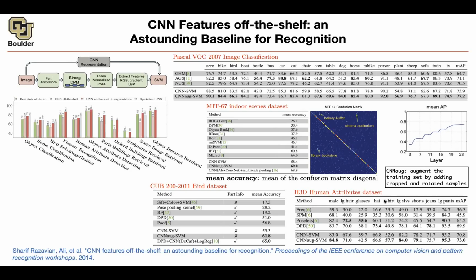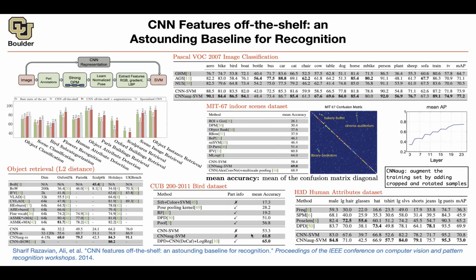Is this person wearing a t-shirt? Do they have long sleeves? Are they wearing shorts, jeans, long pants, etc.? And the last one is object retrieval. For object retrieval, you take two objects, push them through your neural network, take the features, and compare the L2 distance between the features, and that's going to give you a measure of closeness between two images.